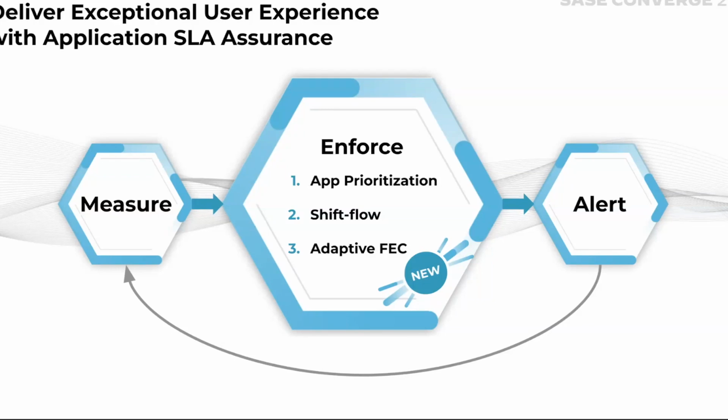Then we've got this new enforcement framework, this enforcement policy. That's where we do app prioritization. We tell the system to find compliant paths and move flows around that could be impacted if an SLA might be violated, and then optionally even introduce adaptive forward error correction on the flow to ensure that the loss SLA can be met.